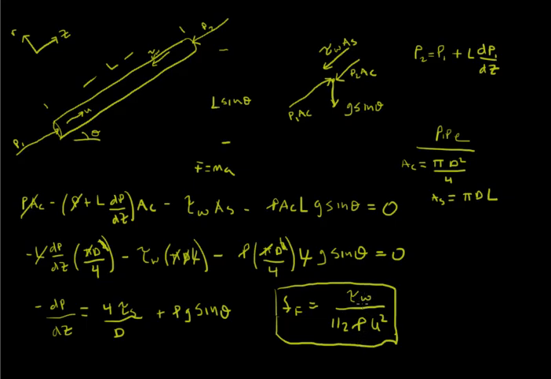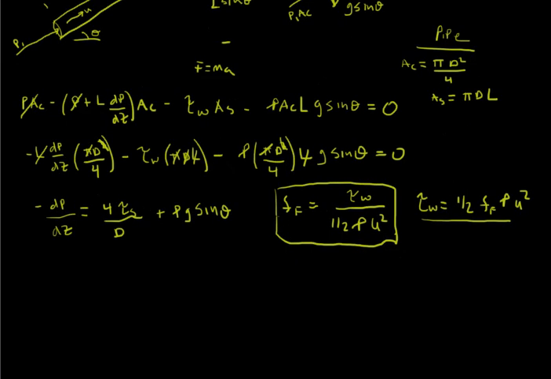So the next thing to do would be to just redefine the shear stress in terms of the Fanning friction factor. So just solve this algebraically. So that's going to equal 1/2 times the Fanning friction factor times the fluid density multiplied by the velocity squared. Alright, and then I'm going to sub this into this expression right here.